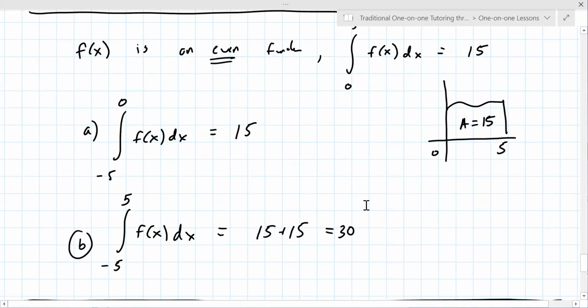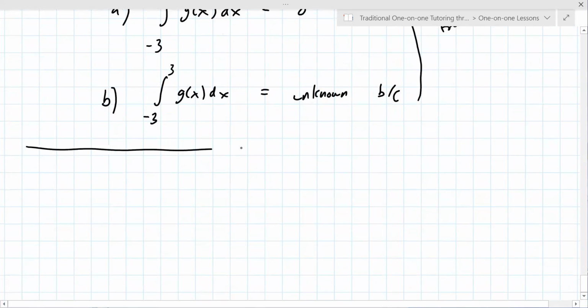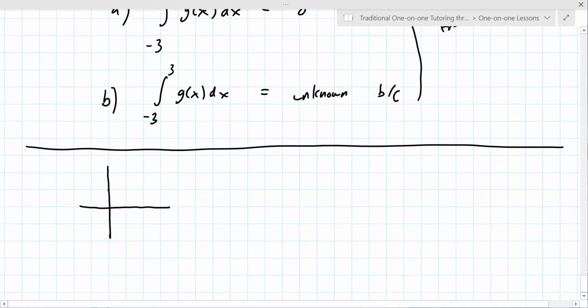Okay. Now, out of sine and cosine, do you remember which one is the even function? So here's cosine. And here's sine. So this is cosine.